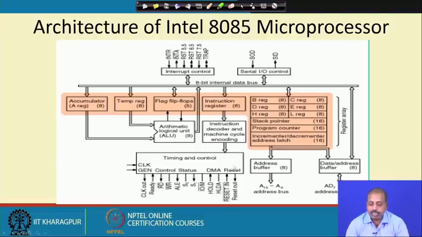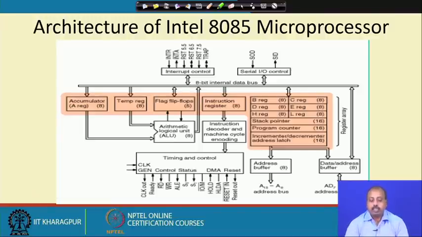Other than that, we have the general purpose registers like B register, C register, D, E, H and L. These registers are all 8-bit registers. However, in some instructions, you can use them as 16-bit register pairs as well.